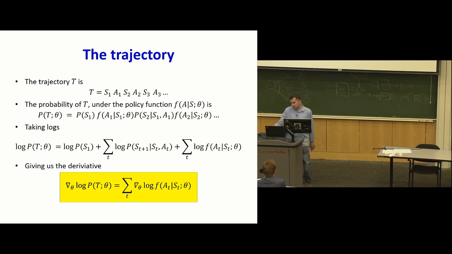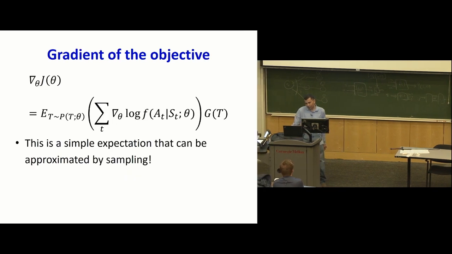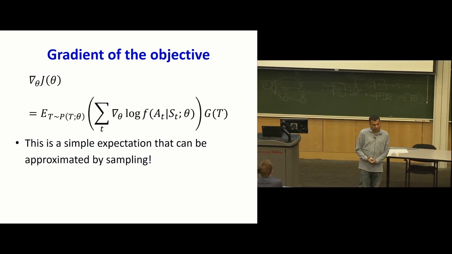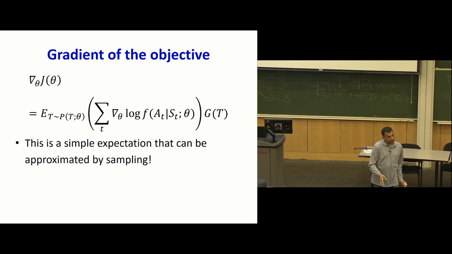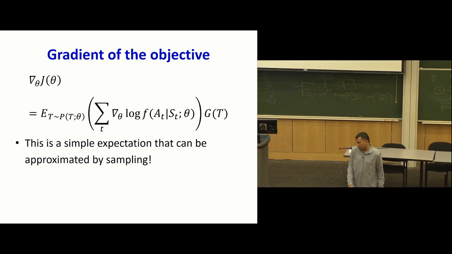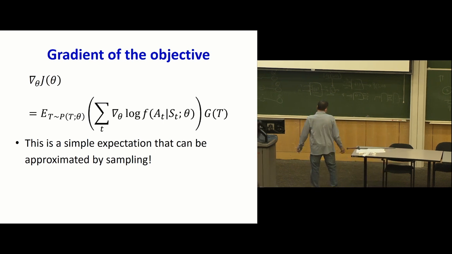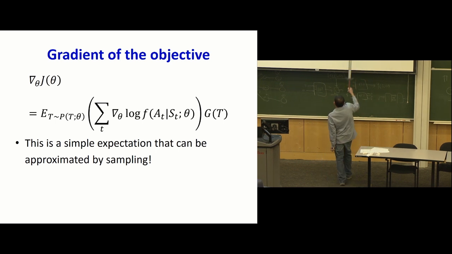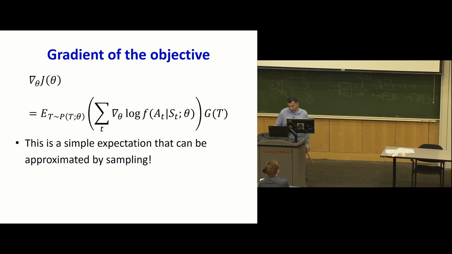So which gives me back that the derivative of my objective function with respect to theta is simply going to be the sum of the derivative of the log of the policy function computed at each time times the return over the trajectory, right?